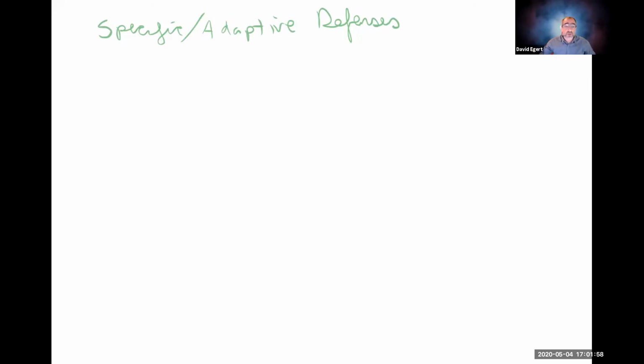And let's start by looking at antibody mediated. Obviously, we talked about antibodies being these little proteins that have this variable region.